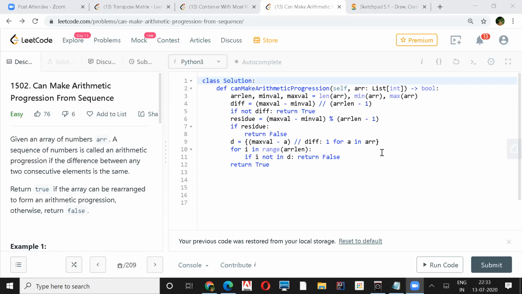So residue for what? What are we calculating the residue for? If it says the residue is max minus minimum, then you actually.